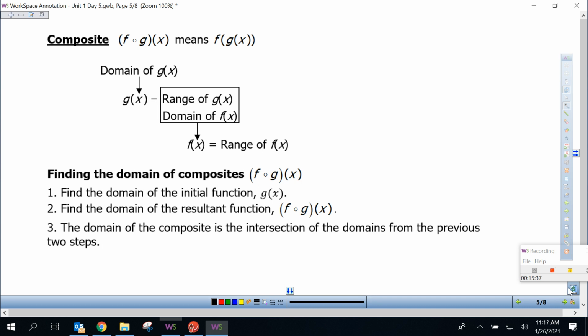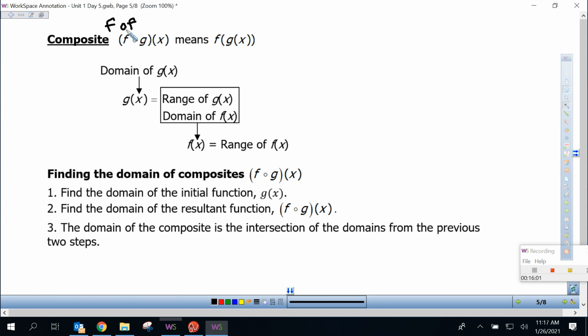Okay, now for composition of functions, another way that you can write a composition of functions is to use this symbol right here. Normally we refer to it as a circle. So if you see that open circle, it does not mean multiplication. This means composition of functions. So the way that you read this would be f of g of x.